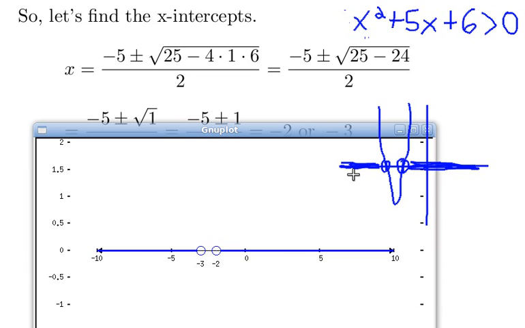So the parabola is strictly greater than 0 from negative 3 exclusive, which means open circle, so we don't actually include the 3, to negative infinity, and from negative 2 open circle to positive infinity. This is the place where x squared plus 5x plus 6, which we can call y if we want to, is greater than 0.